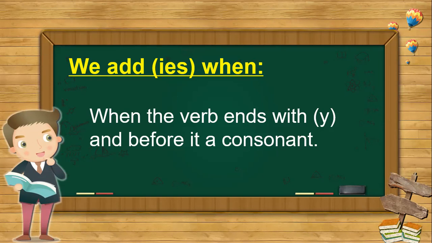So the vowels are the five letters A, E, I, O, U. Any letter which is not one of these five letters, we call a consonant.